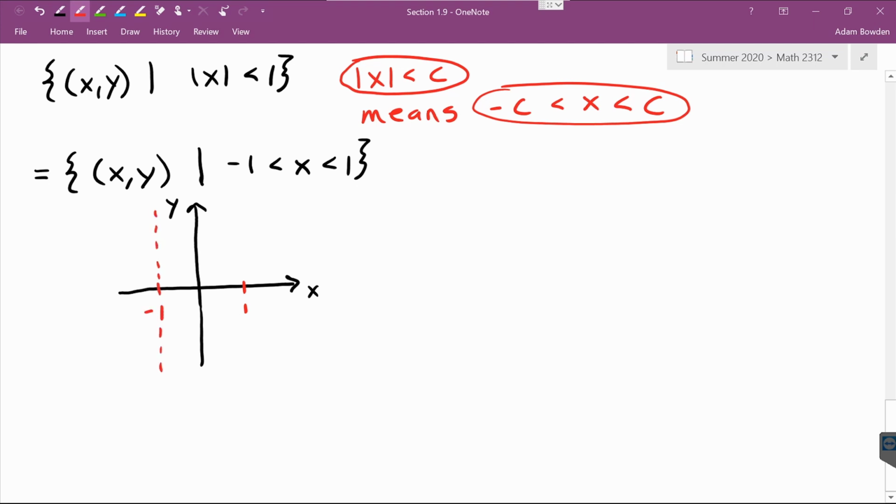And in this case, it sits between the two numbers. So the area I'll shade in is this area right here. All right, and so that represents the set of all x, where x is greater than -1, but less than +1.